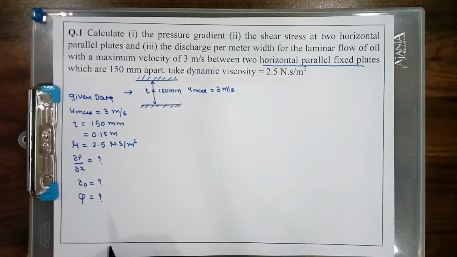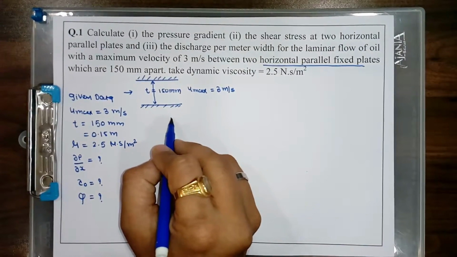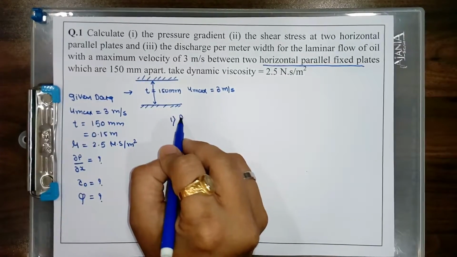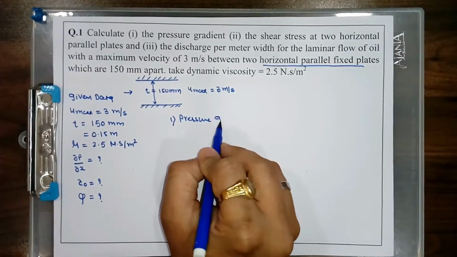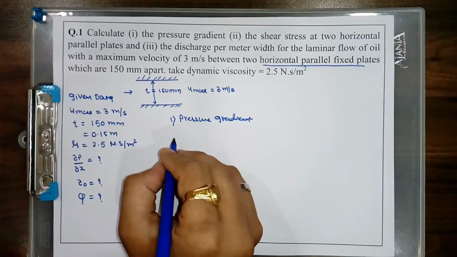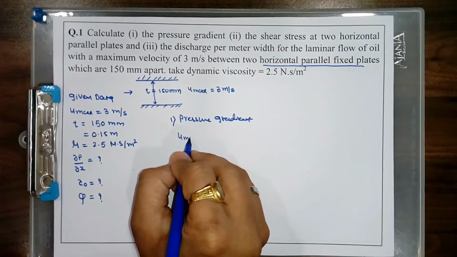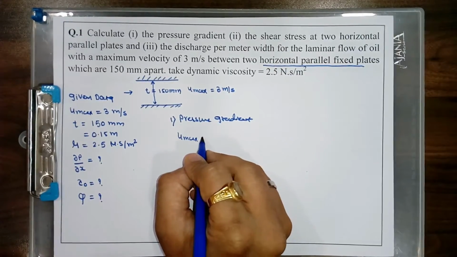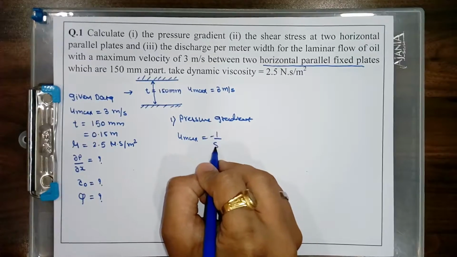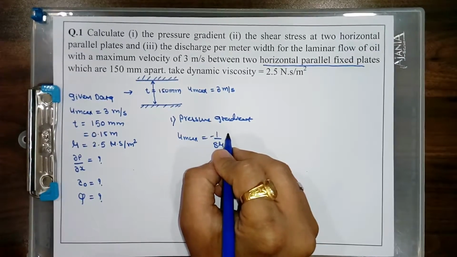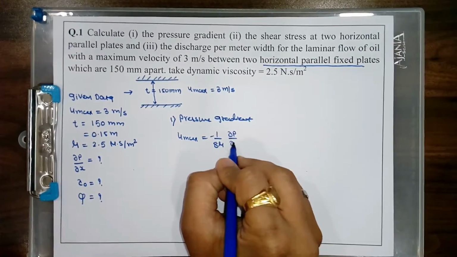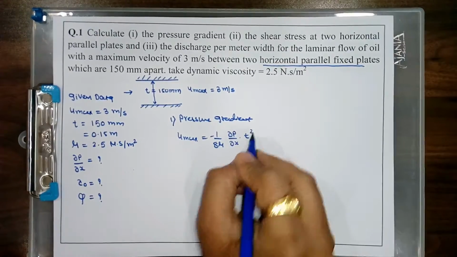So let us first calculate the pressure gradient from the U max. So we apply the formula. The formula of U max is U max equals minus 1 upon 8 mu del P by del X into T square.